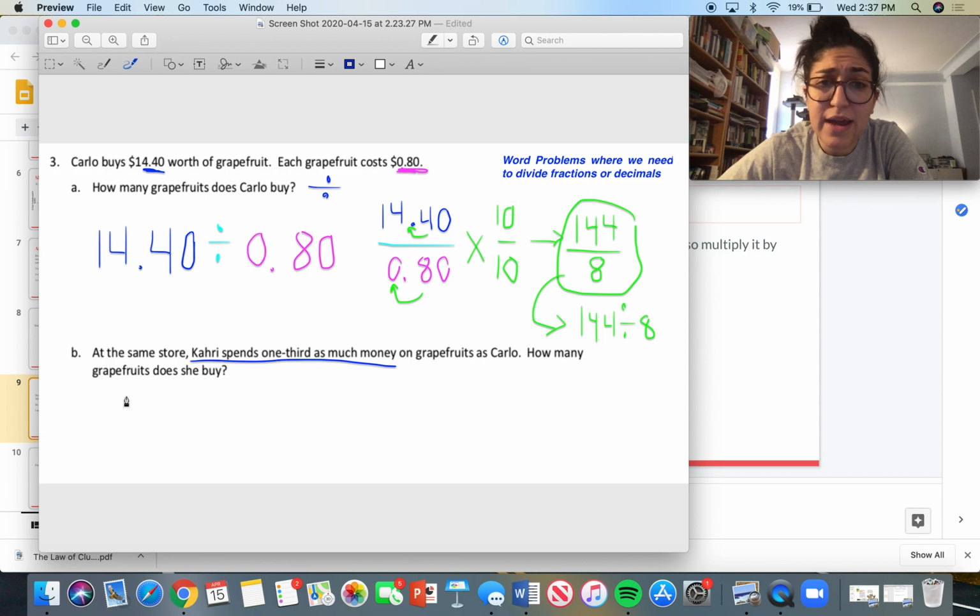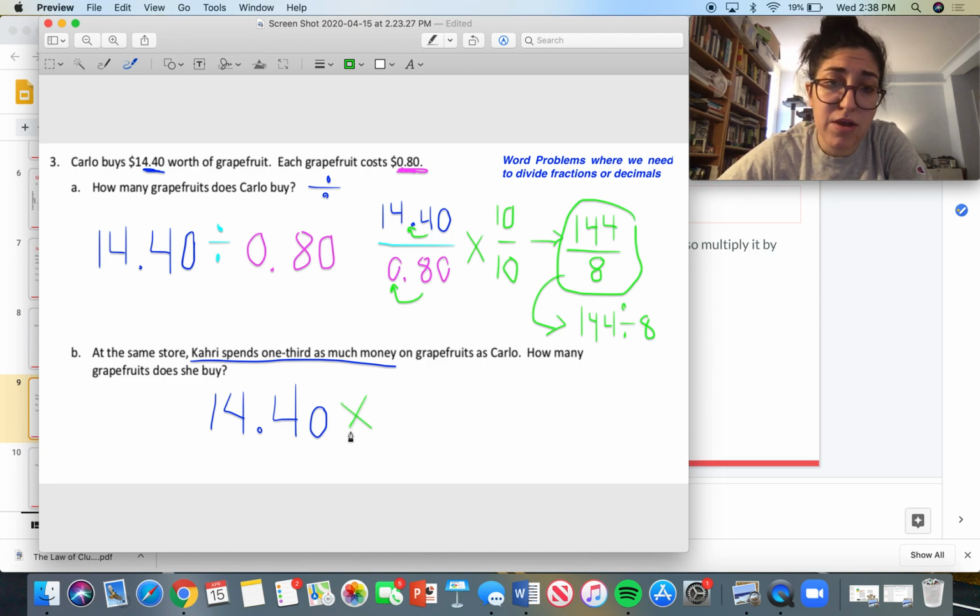So in order to figure that out, I need to think about how much money did Carlo spend? He spent, again, $14.40. If Kari spent 1/3 of that, then I need to divide it by 3 or multiply it by 1/3. It's the same thing.